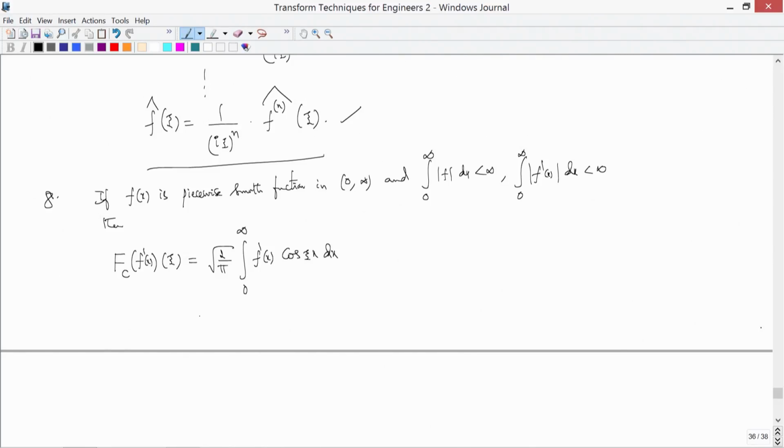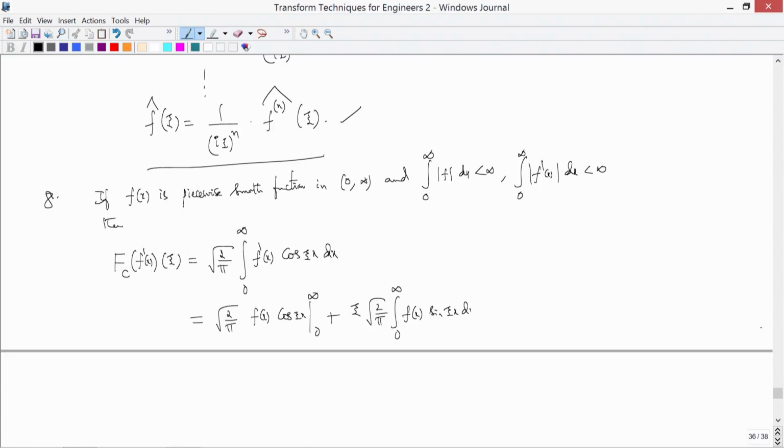Now for this, if you do the integration by parts, root 2 by pi f of x cos xi x, apply the limits, minus, when you differentiate cos, some xi comes out, and that will make it plus, and you have root 2 by pi as it is a constant, and you get f of x into sin xi x dx.